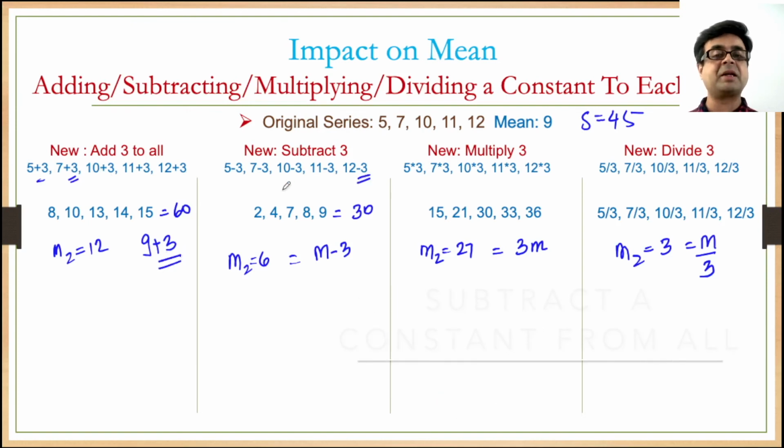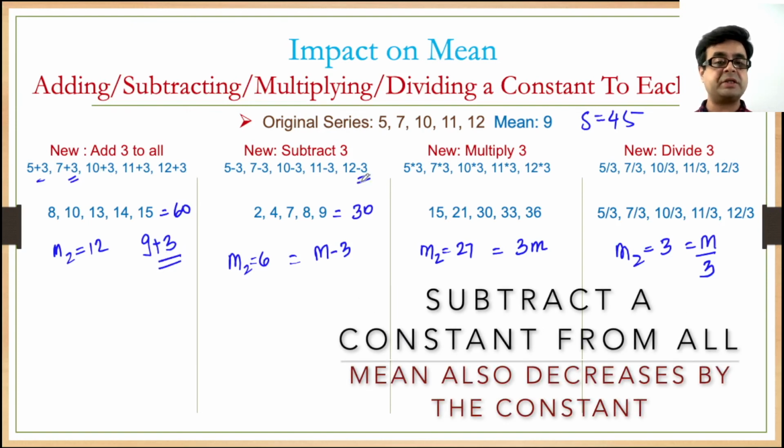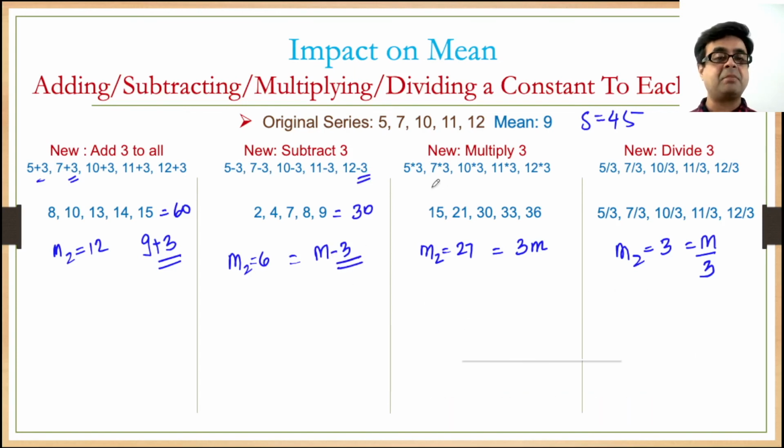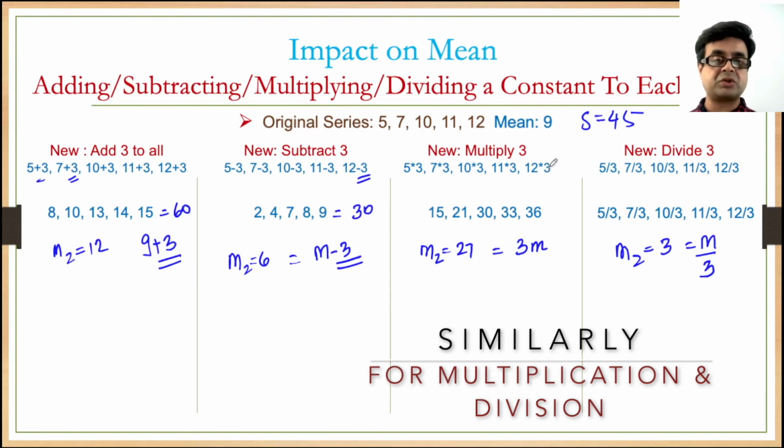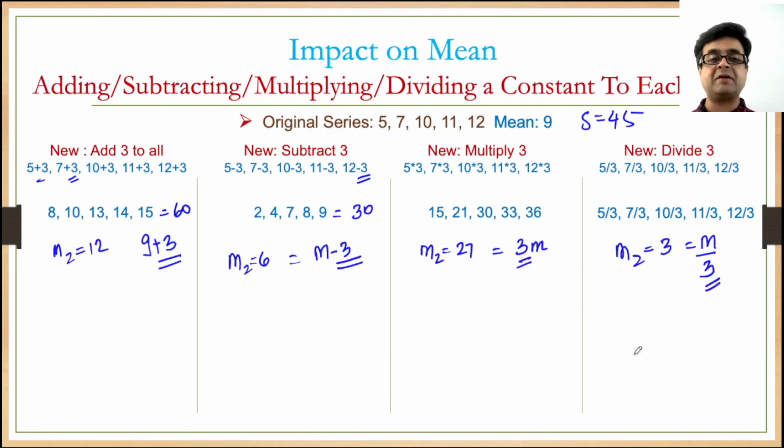When I'm subtracting all the numbers by a constant number, the mean also gets subtracted by the same number. When I'm multiplying the same number across all the numbers in the series, then my mean also gets multiplied, and similarly the mean also gets divided when I divide each number by the same number in the series.